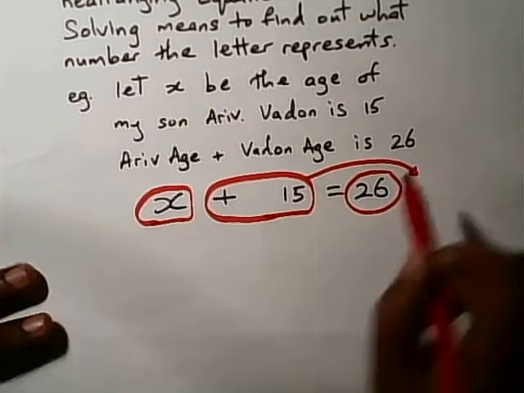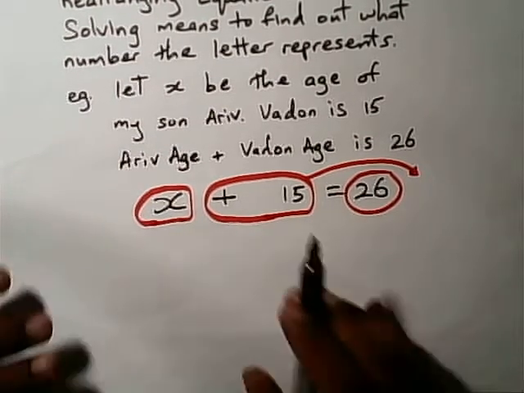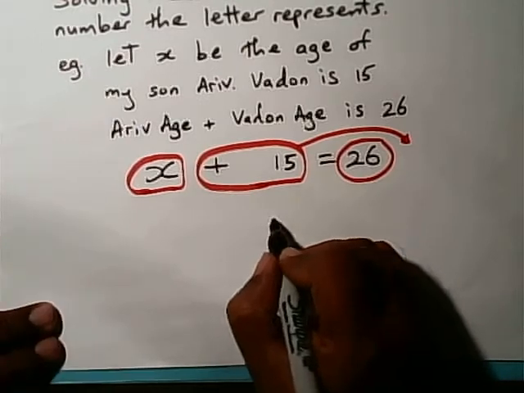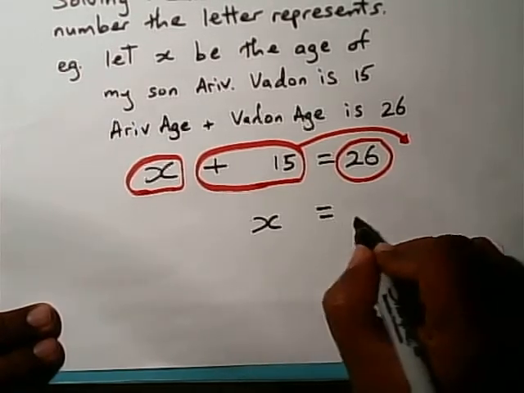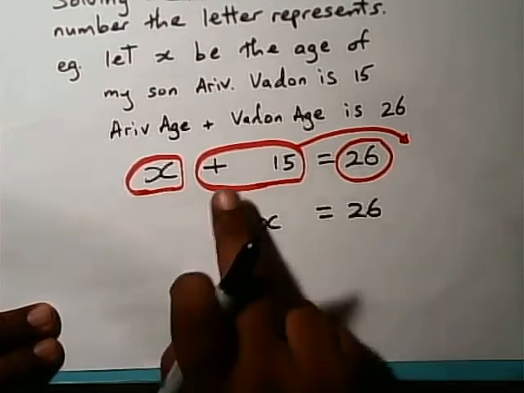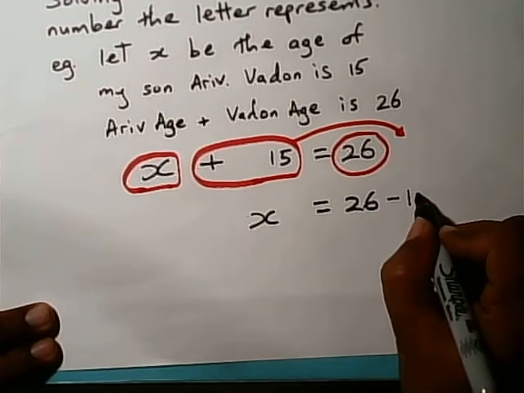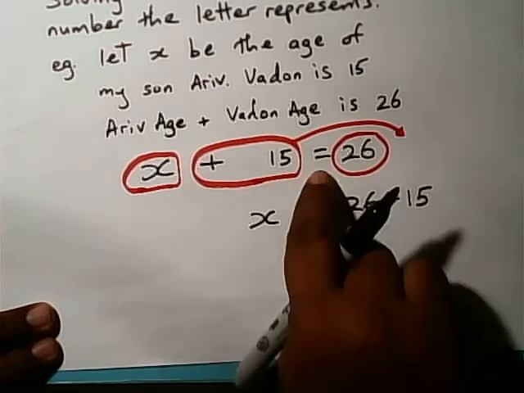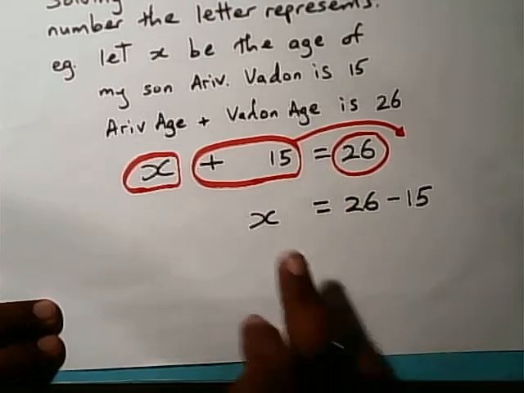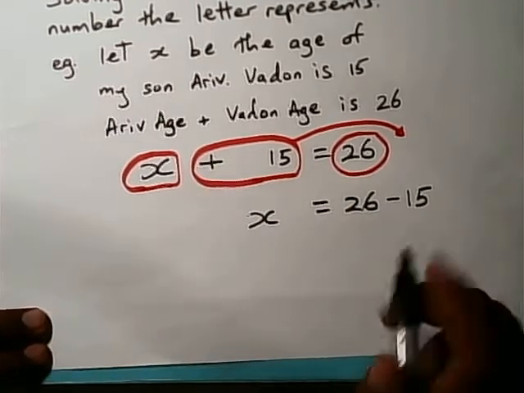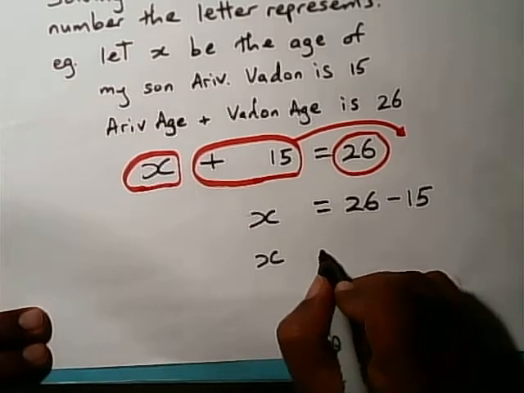If I move that term across, I end up with x alone on this side equal to 26 minus 15, because whenever a term crosses the equal sign, it changes its sign.